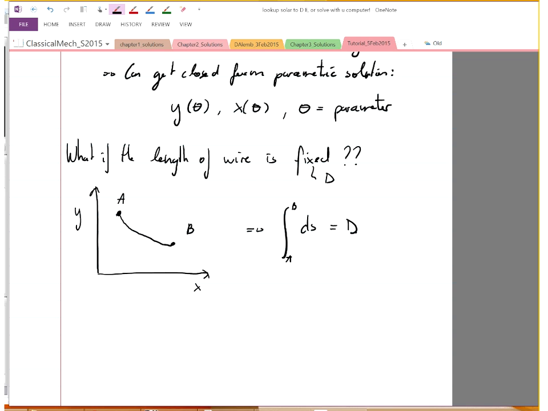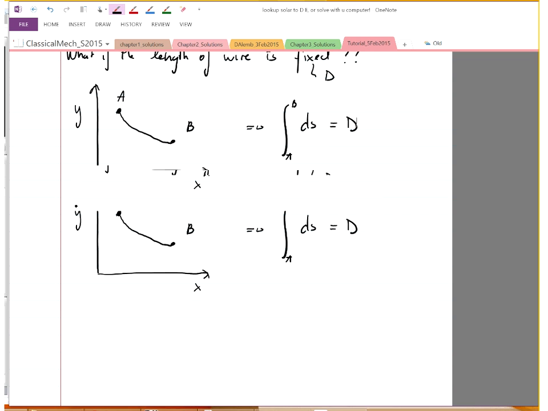So it's still the same functional that we need to minimize.